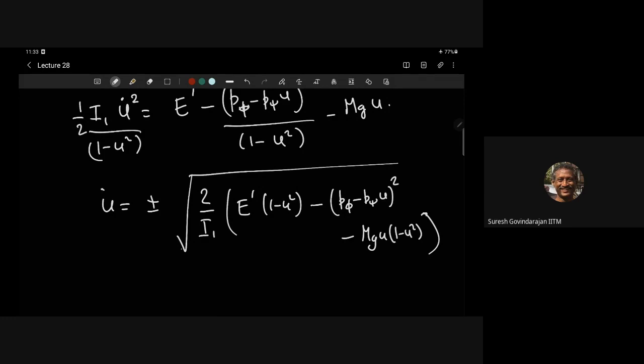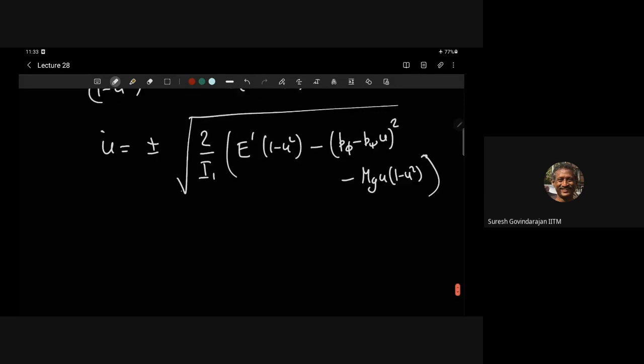So this way we can integrate formally. Once we have u dot, u will be the integral, plus or minus.